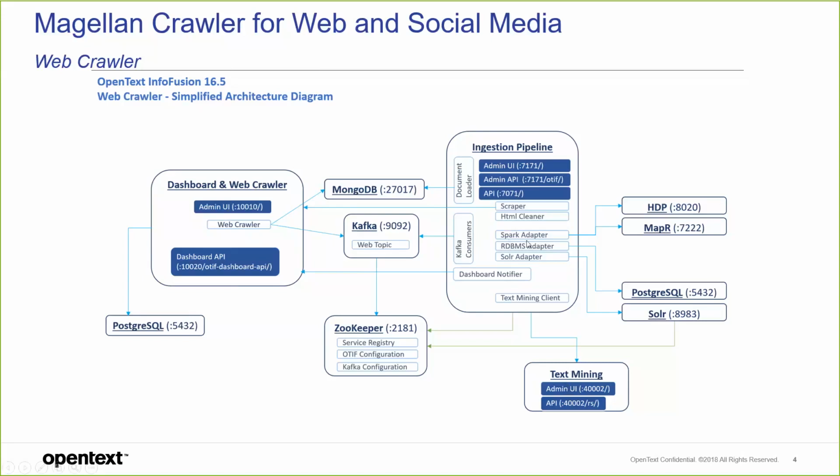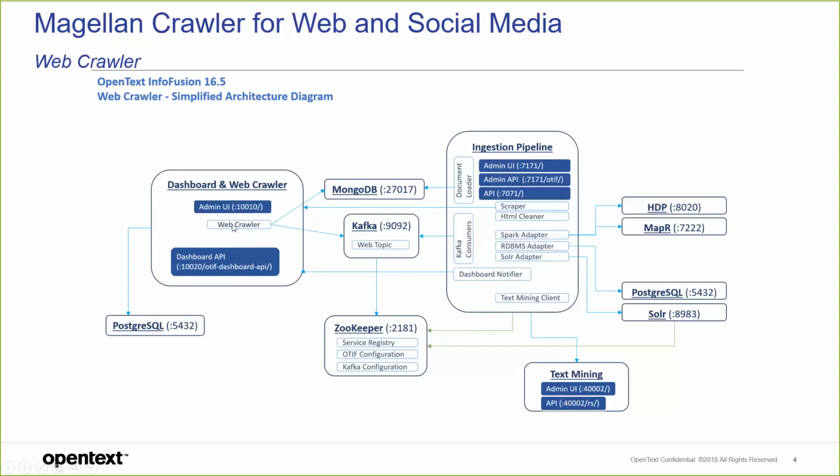Depending on how you set this up, it could put it into a Spark adapter, so it depends if you're using MapR or HTTP or other types of things, or it could put it in Postgres, or it could put it in the Solr database. So all the different pieces are involved in this, so it's a fairly sophisticated process.